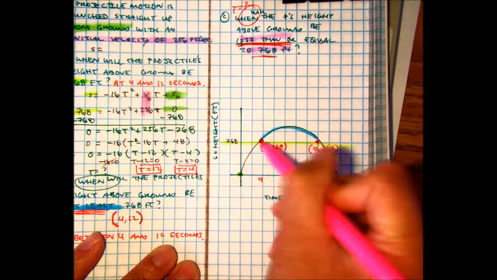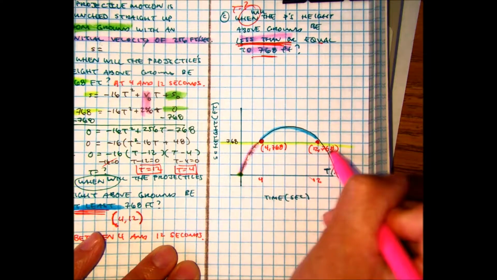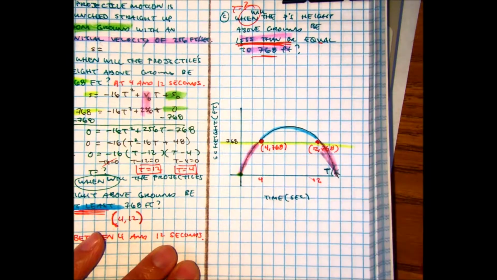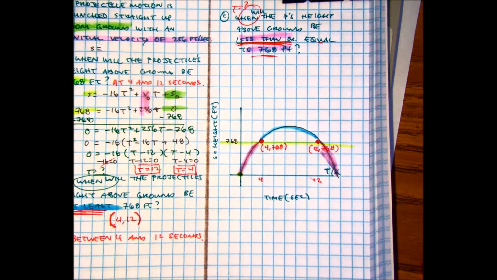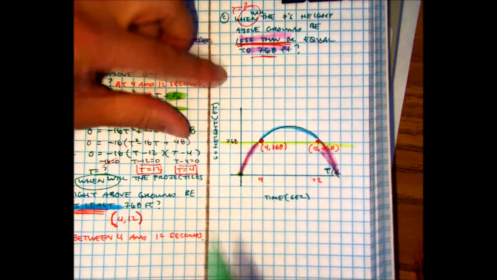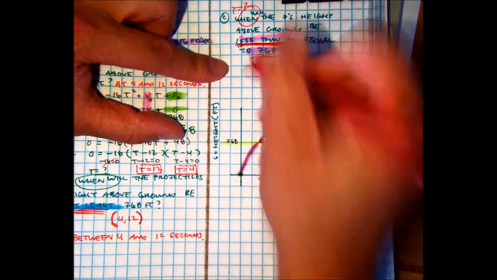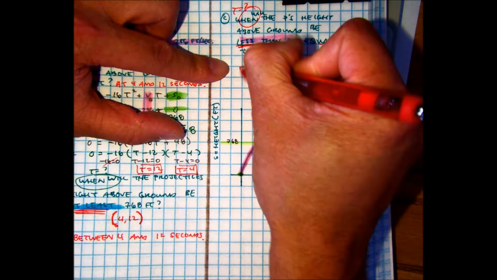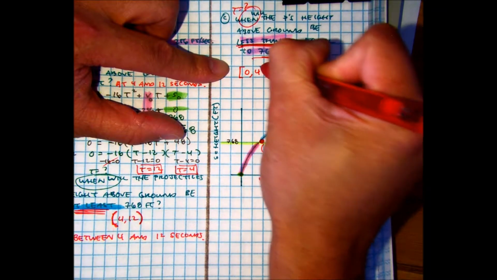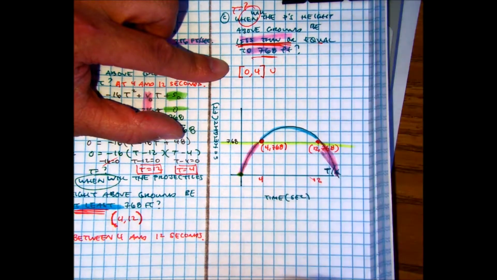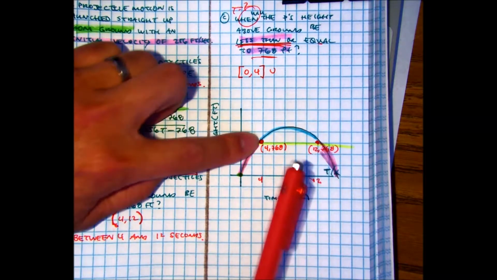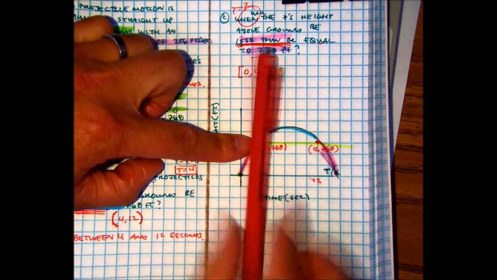Less than 768 will be here, in those regions. So this will be between times 0 and 4. Union, because you want it to be below, at 768 or less.